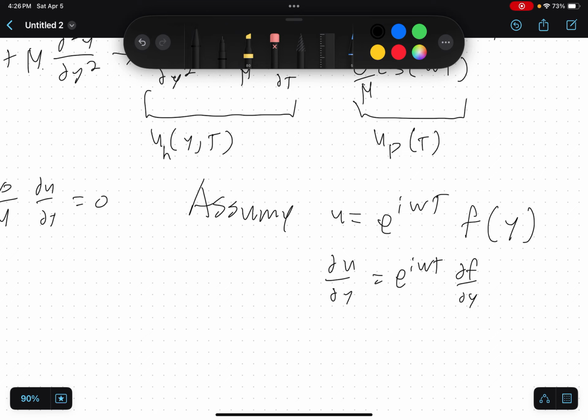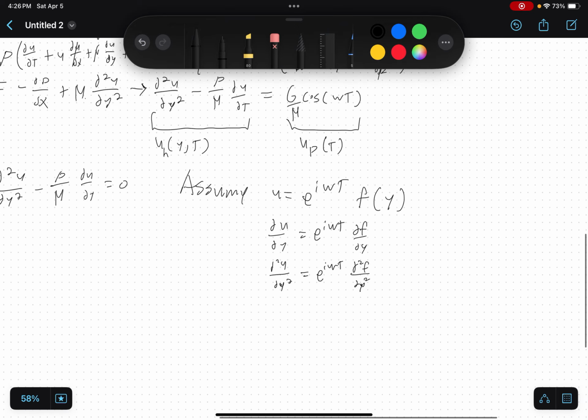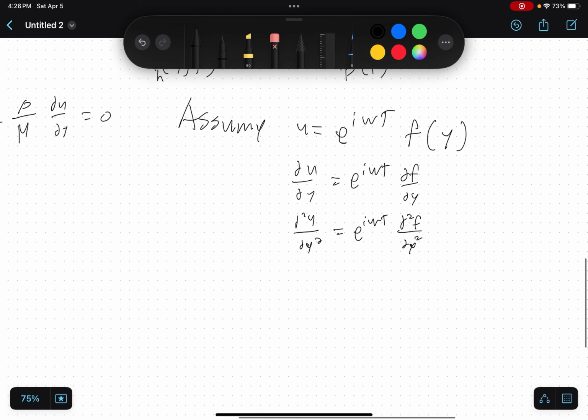And then the second derivative, d squared u over dy squared equals e to the i w t times d squared f over dy squared. That's pretty simple so far.